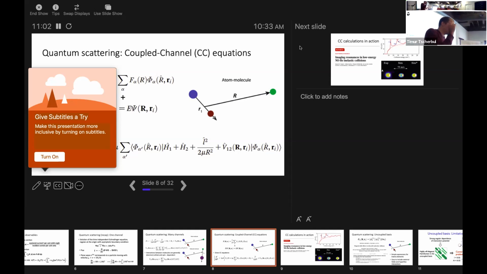Nuclear physicists were not in a privileged position, because their interactions are very complicated and generally not known. But the beauty of this formulation as applied to molecules is that we know most of those terms in the Hamiltonian, or we can calculate them, as we discussed before. Nuclear physicists don't have that luxury.